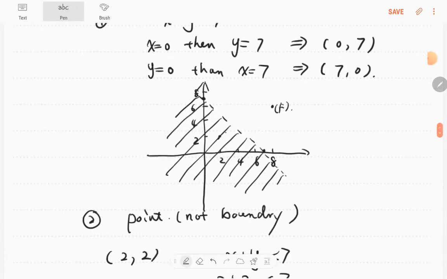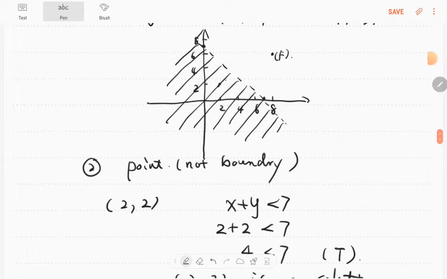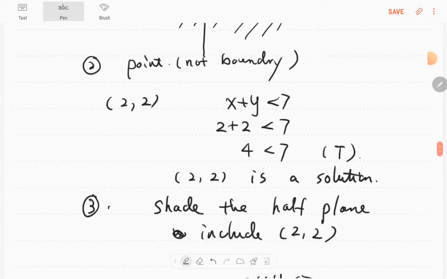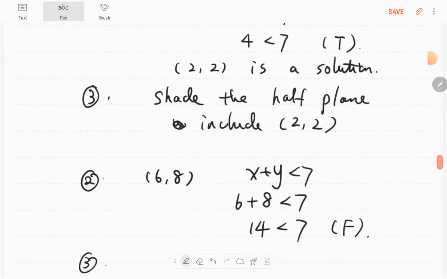Another important thing is we need to pick a point not on the boundary line. If that point is the solution, then we should shade the part with that point. If it's not, then we should shade the part without that one. Okay, so that's for the graphing. And that's all for chapter 3.